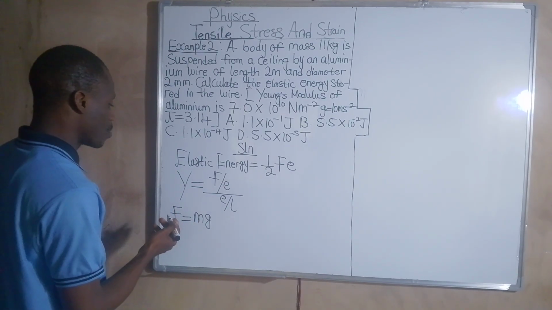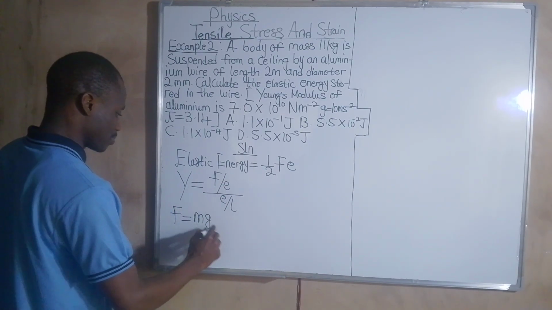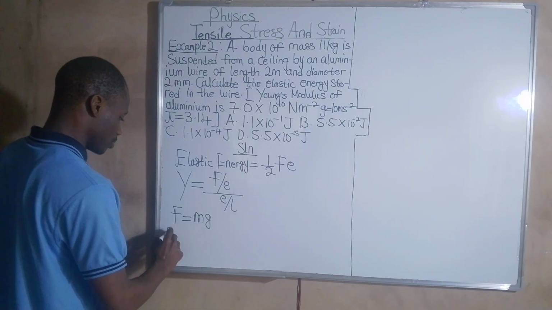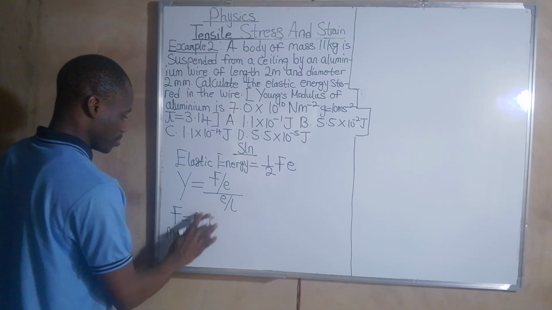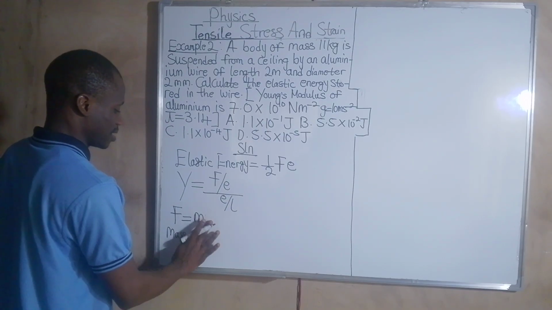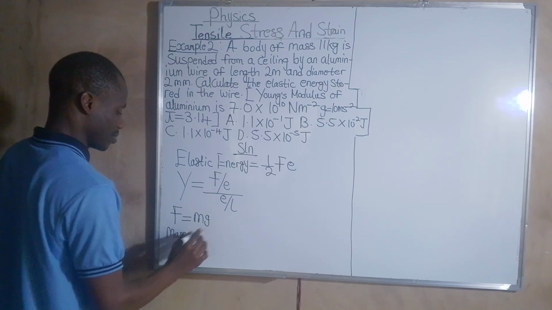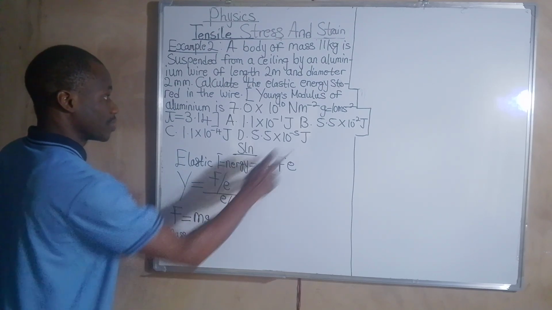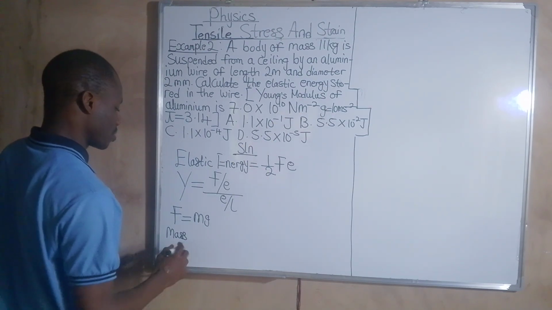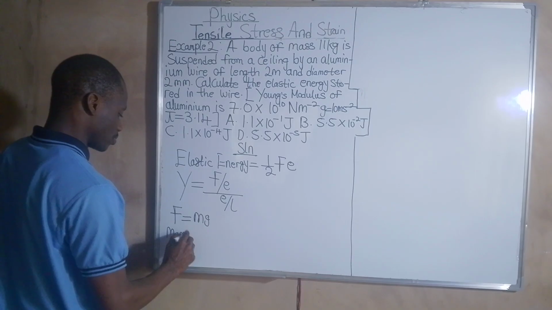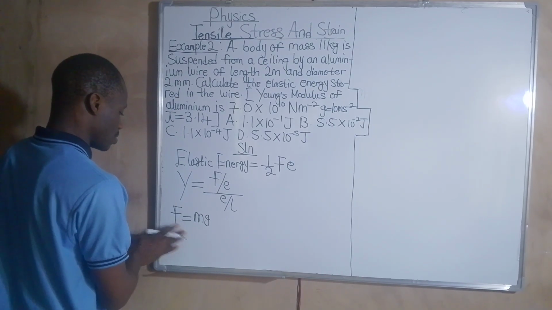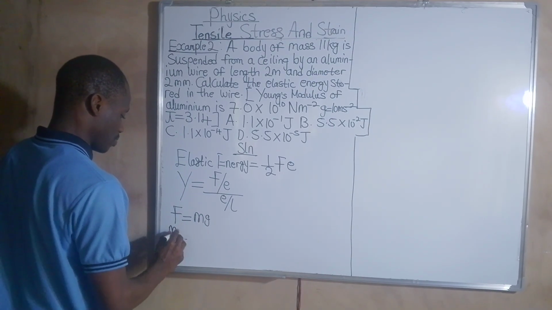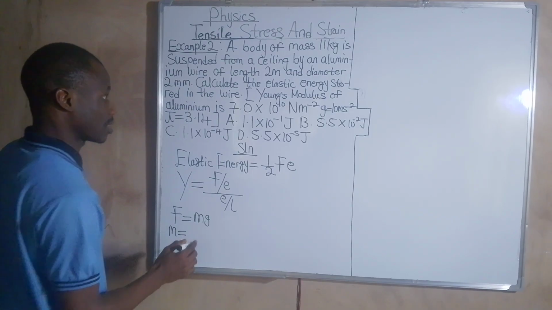So now let's go. First of all, our mass. You can use small letter g. Sorry. So M for mass, please take note, because we don't have much time.